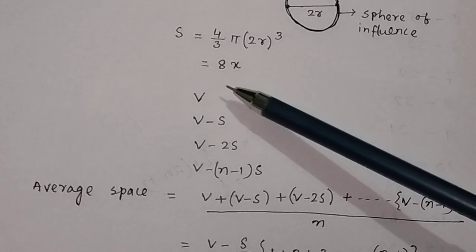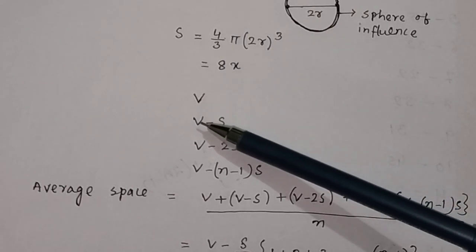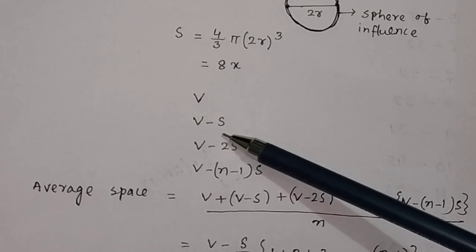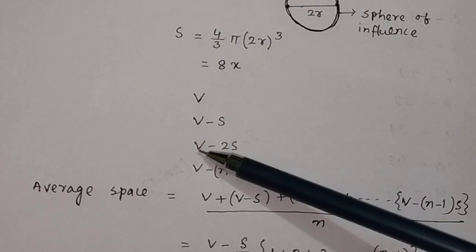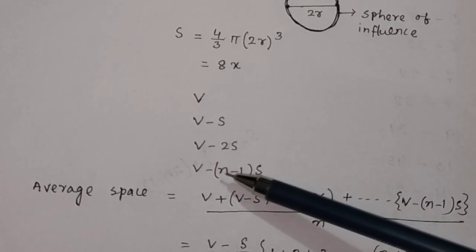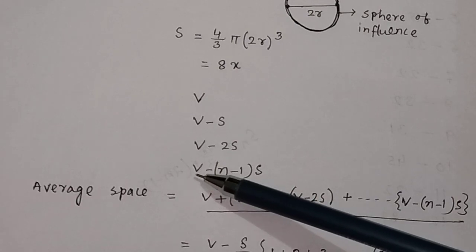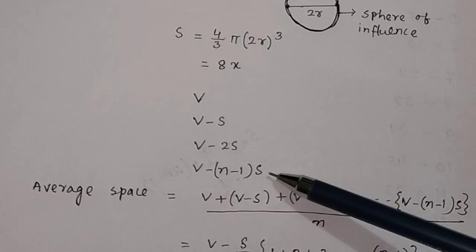The space available for the first molecule will be equal to V, and the volume available for the second molecule is equal to V minus S. Volume available for the third molecule will be V minus 2S. So the volume available for the nth molecule will be equal to V minus (n minus 1) into S.